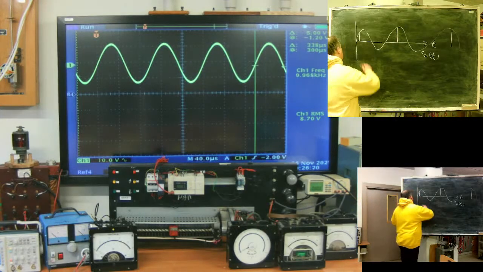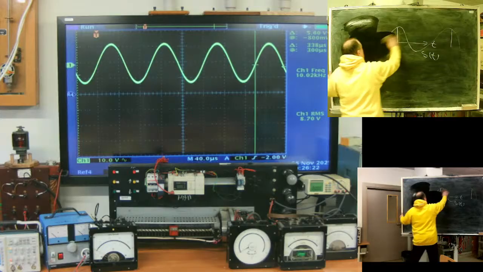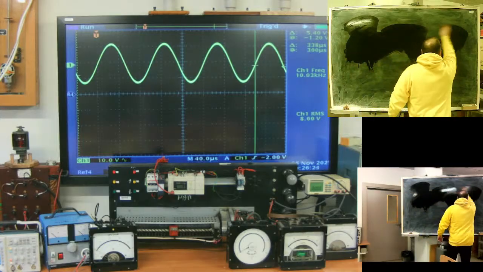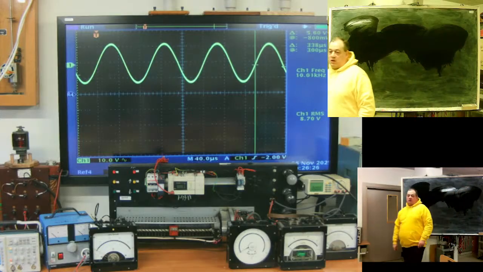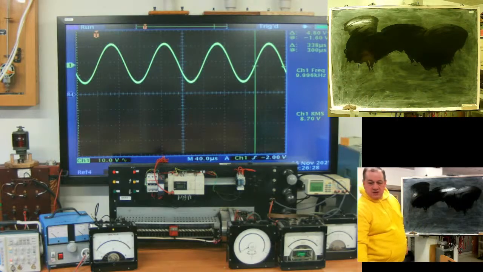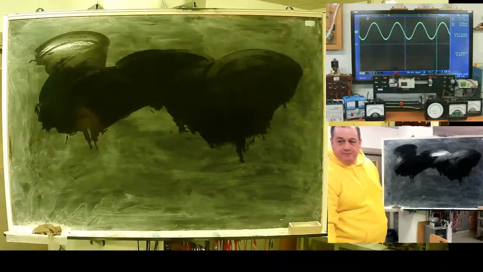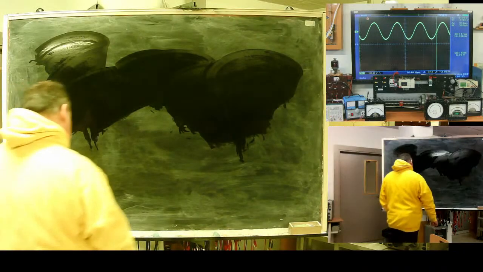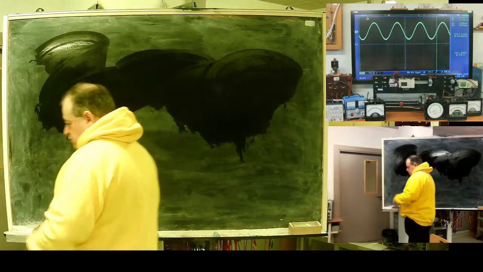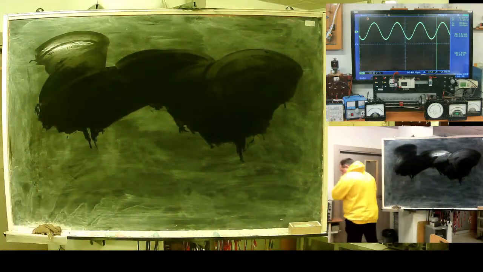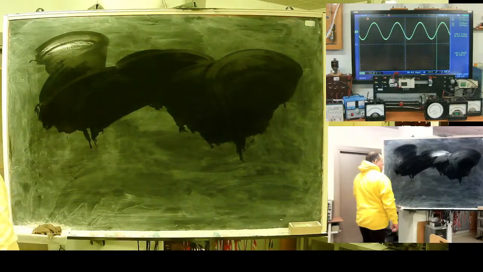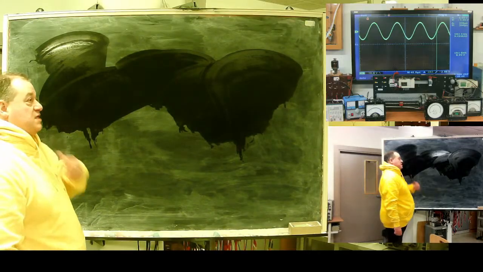Why? What and why? One second, I will switch the camera. In general, what is the Fourier transform? The theory behind the Fourier series.